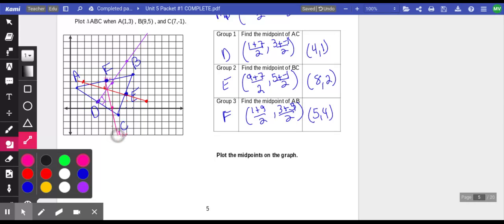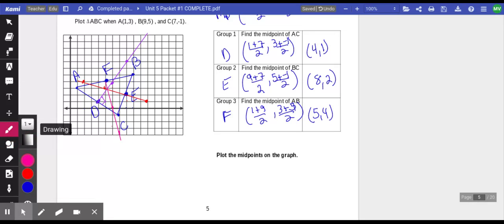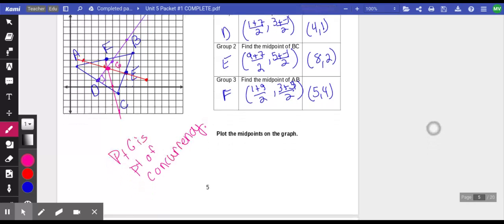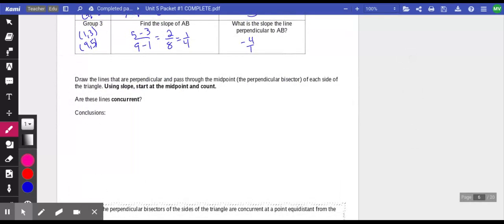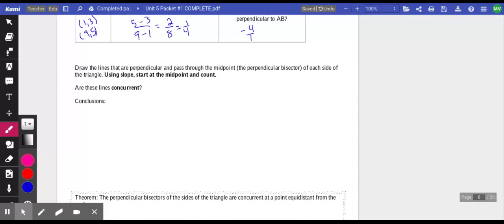Notice that all 3 of my lines intersect at one point. That point is the point of concurrency. So I'm going to call it G. Now, an interesting fact when we're doing the perpendicular bisectors: concurrent, yes.